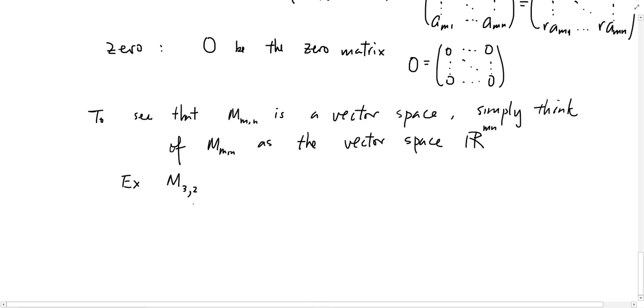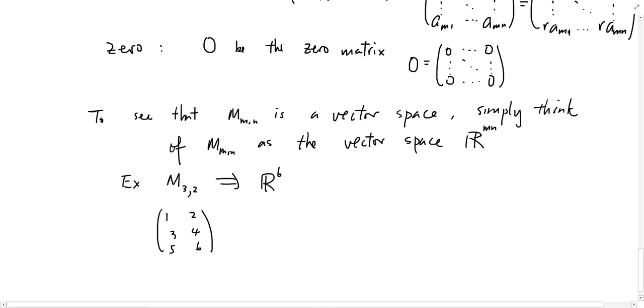But if you think about it realistically, if you have a matrix with 3 rows and 2 columns, how many entries are inside? There are 6 numbers inside. And what's stopping you from listing them in a single row and making it into R6? Let's say I have the matrix 1, 2, 3, 4, 5, 6.